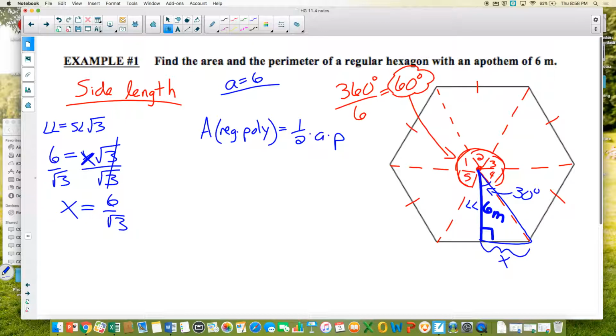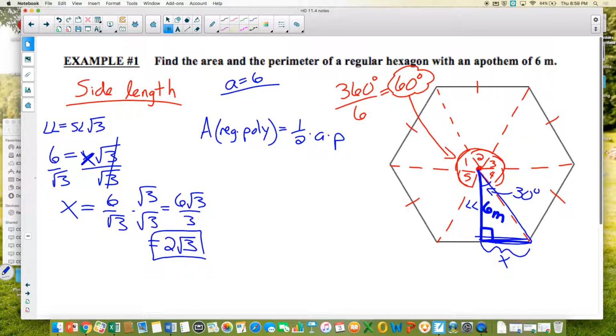And then let's simplify this radical. Multiply the top and the bottom by square root of 3. 6 root 3 over 3, which is 6 over 3 becomes 2. So x is 2 root 3. That's how big x was. If we go to the bottom right, that's how big this is.